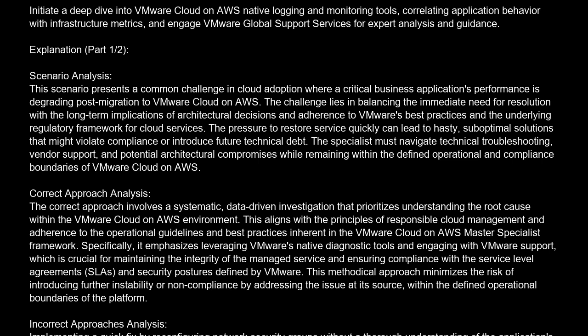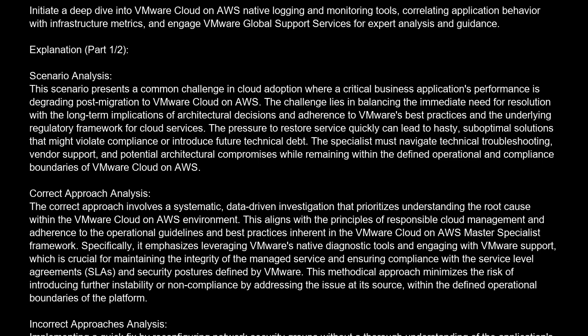Explanation: Scenario analysis. This scenario presents a common challenge in cloud adoption, where a critical business application's performance is degrading post-migration to VMware Cloud on AWS. The challenge lies in balancing the immediate need for resolution with the long-term implications of architectural decisions and adherence to VMware's best practices and the underlying regulatory framework for cloud services.